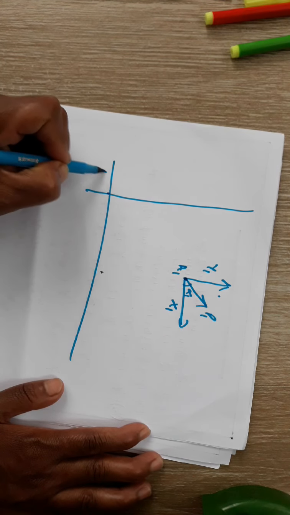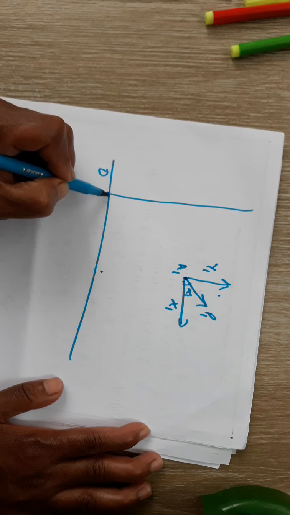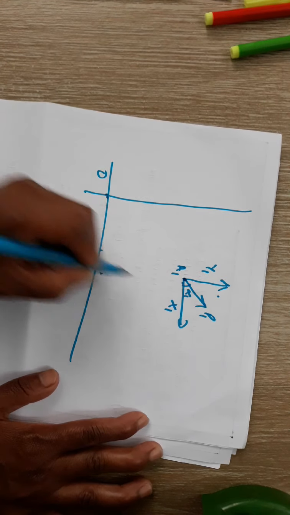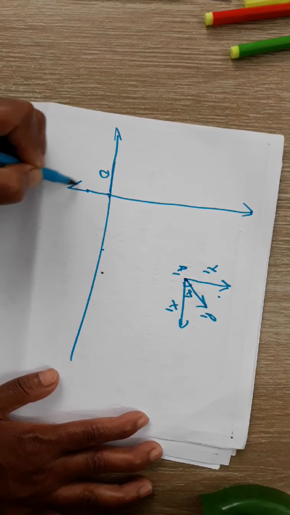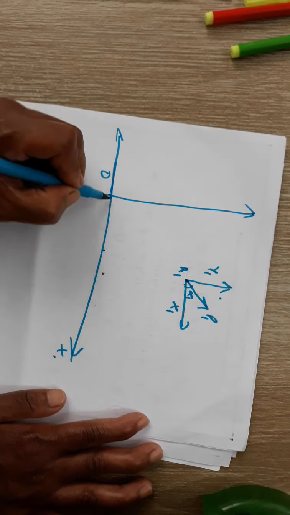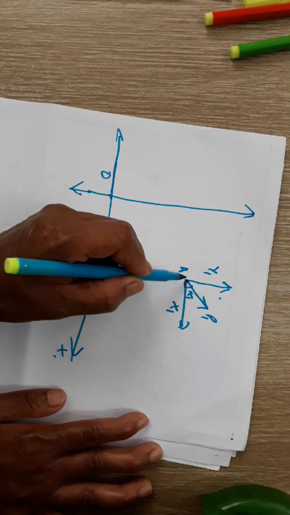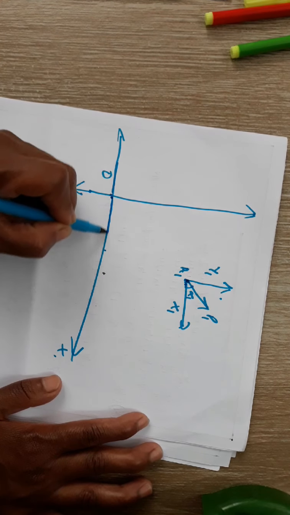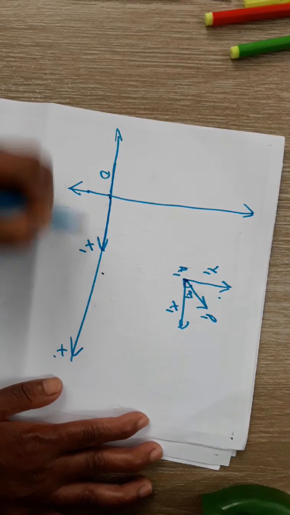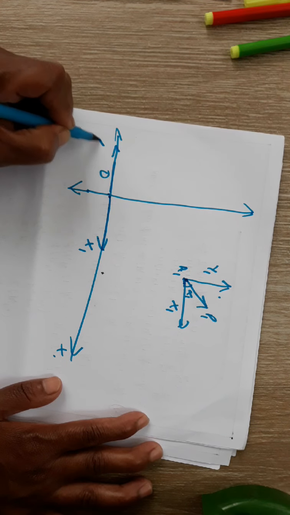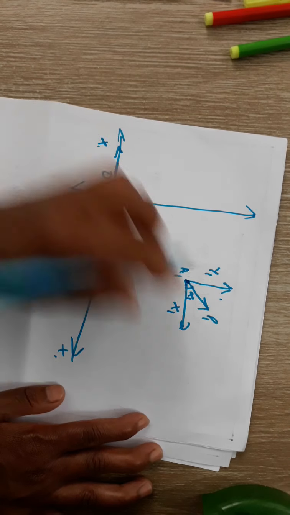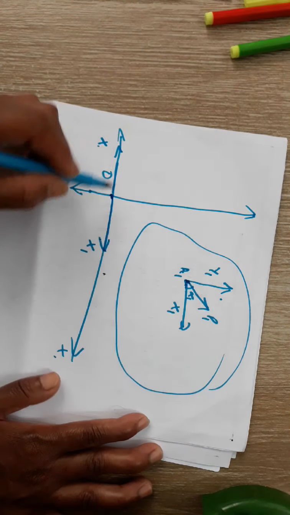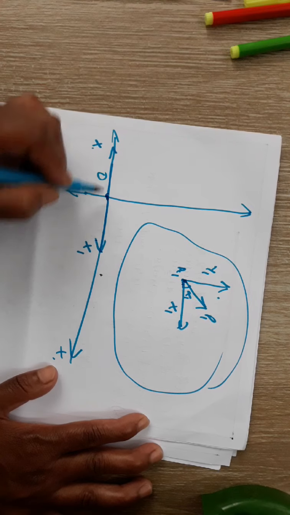At this point O, we introduce two equal and opposite forces along the x-axis, negative and positive. So for this force P1 at A1, I am introducing two equal forces, x1 along OX and x1 along the negative direction, such that these forces don't have any effect on this whole system of rigid body because they cancel each other.